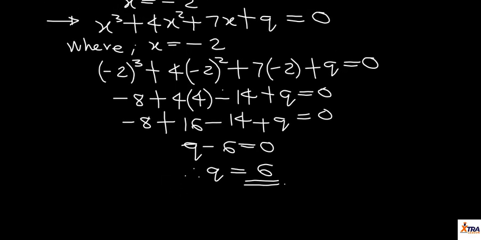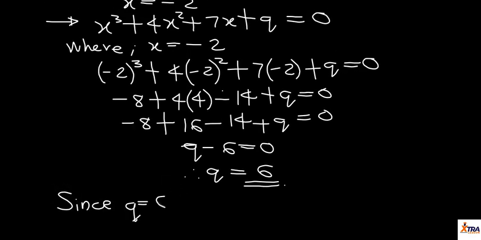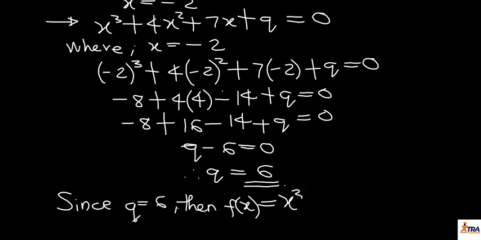Since q now is 6, then f of x is now equal to x cubed plus 4x squared plus 7x plus q, where our q is now 6.